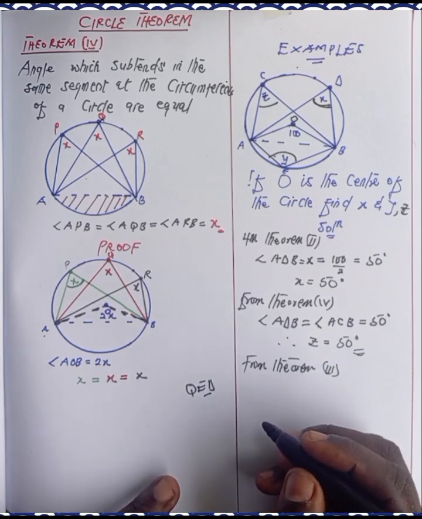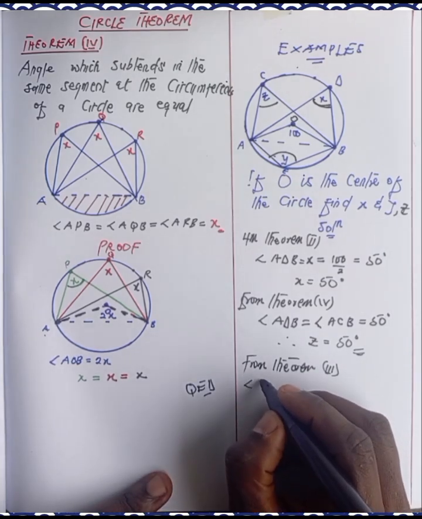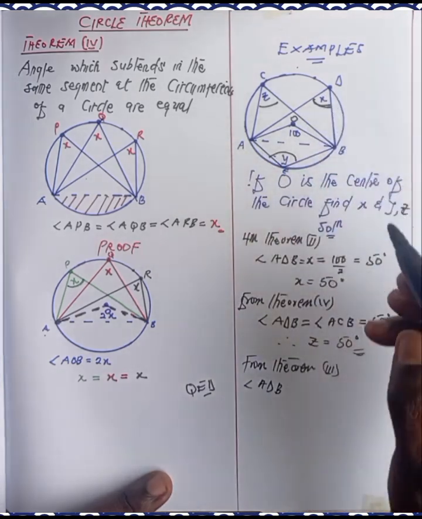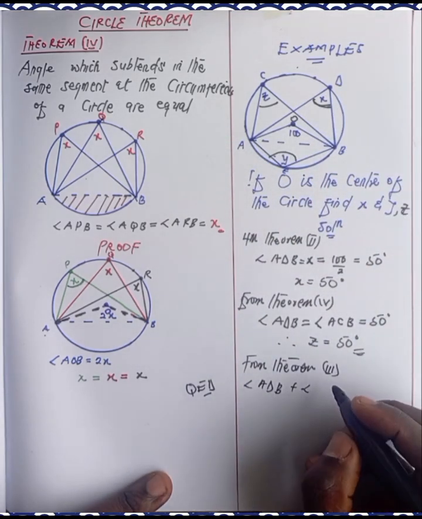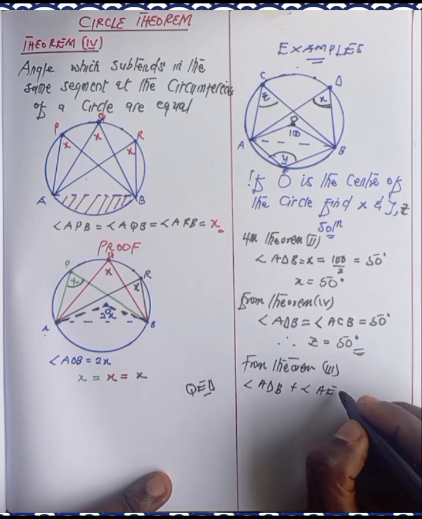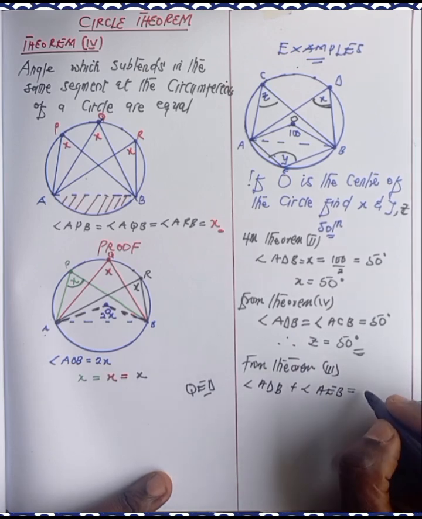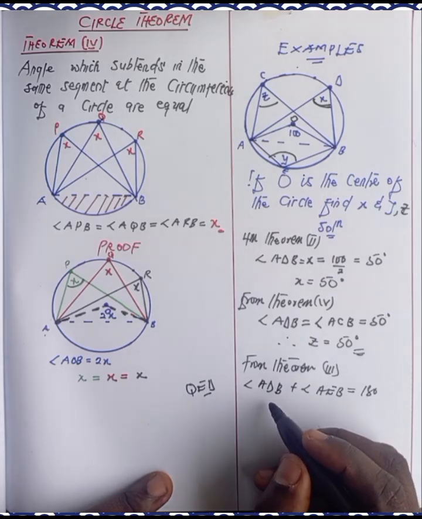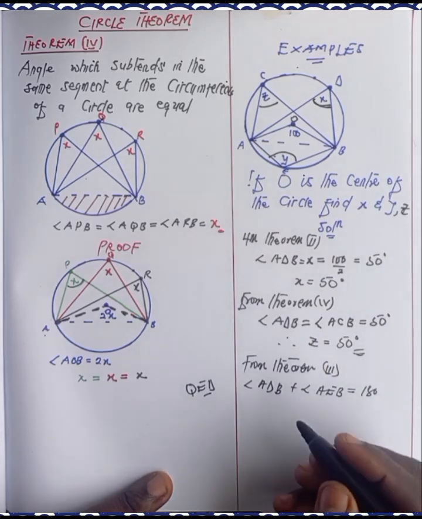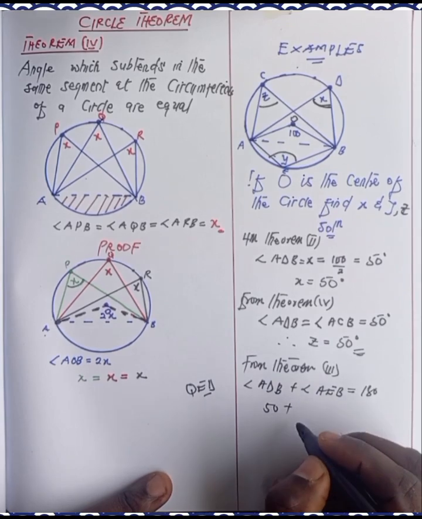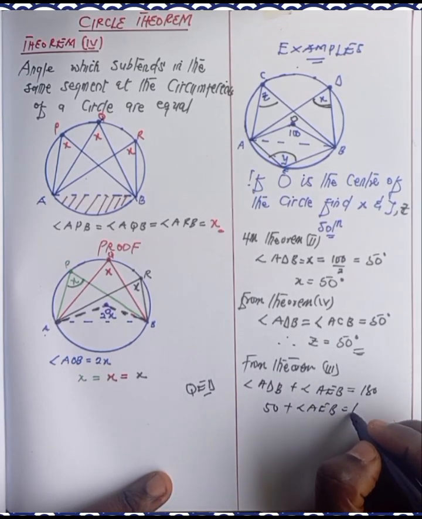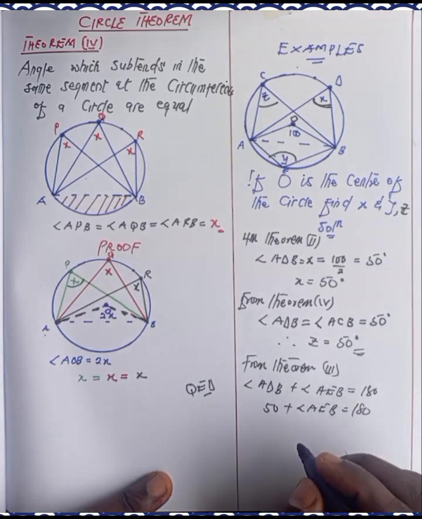So you can say that angle ADB, this angle, plus angle AEB is equal to 180 degrees. But we know that angle ADB, which is here, is 50 degrees. So we have 50 degrees plus angle AEB is equal to 180 degrees.